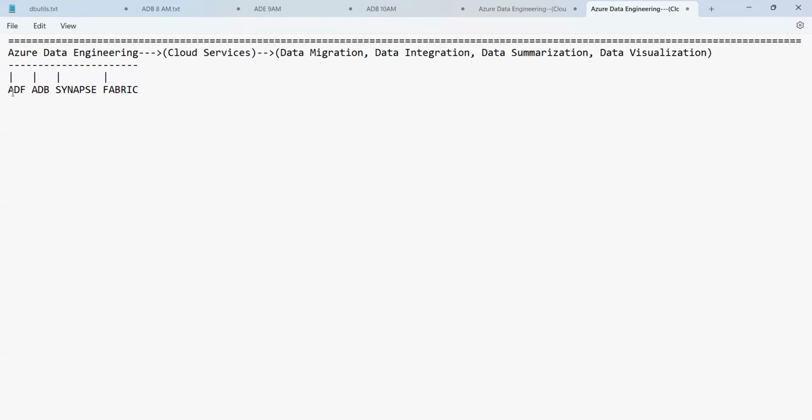That means Azure Fabric is a recently introduced one which has the features of ADF, ADB, Synapse, and everything else.